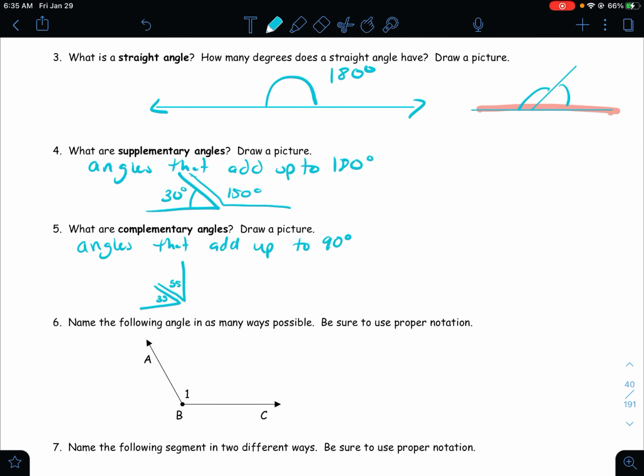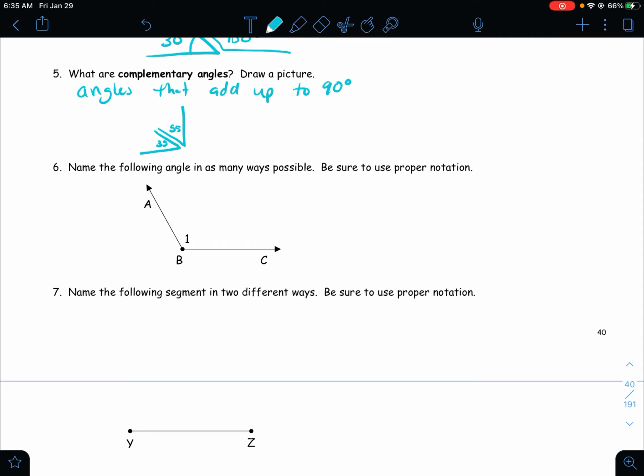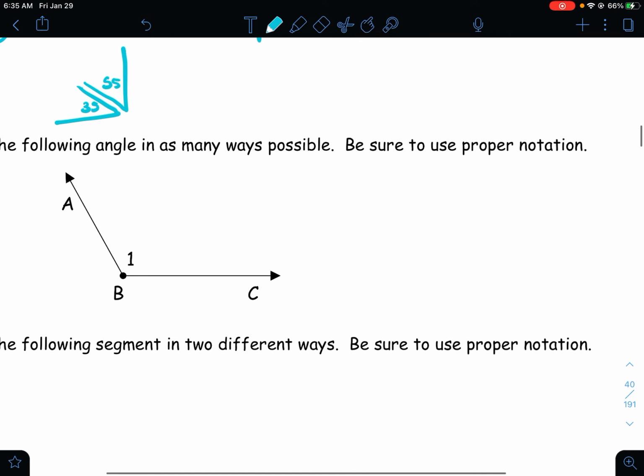So this one says, name the following angle in as many ways as possible. Be sure to use proper notation. There's a lot of ways to name this angle. So you could name it A, B, C. Now, it's always best if you're able to label an angle with 3 letters. I highly recommend it because sometimes if you don't, you could be wrong.